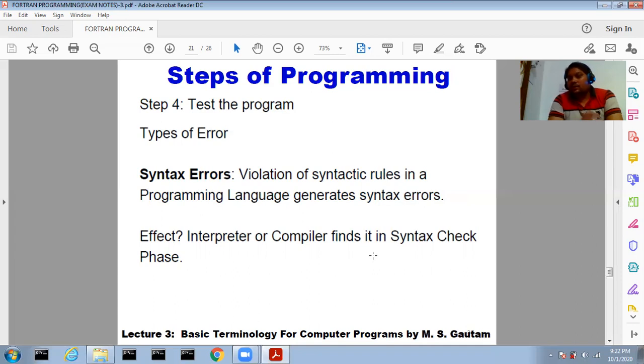So while programming, we have to keep in mind that we have to follow all the syntax, all the rules of the programming language chosen for programming. That means we have to follow all the rules and all the alphabets of that language.